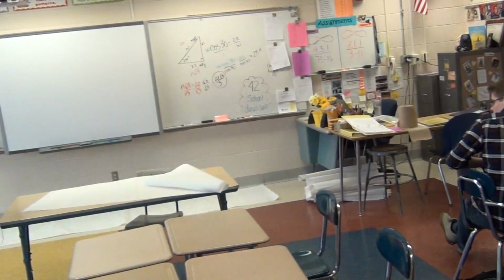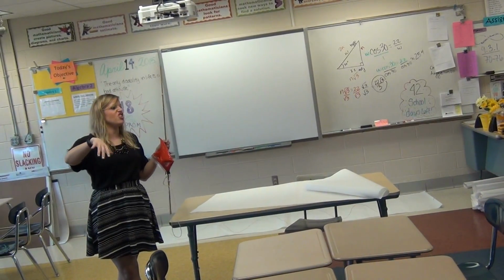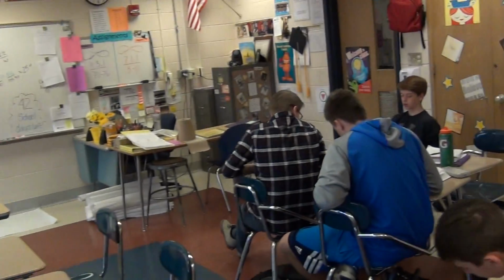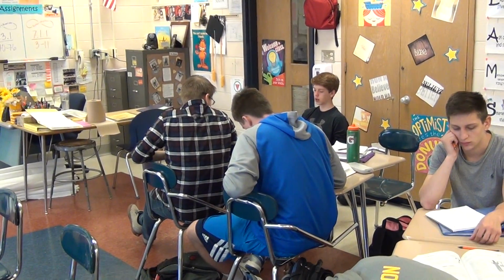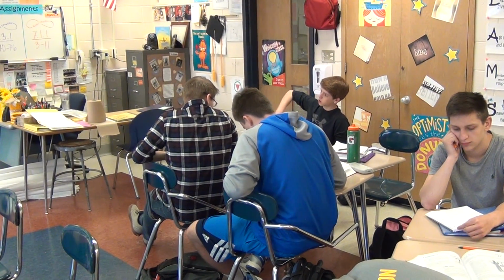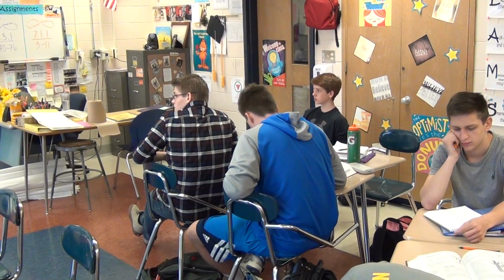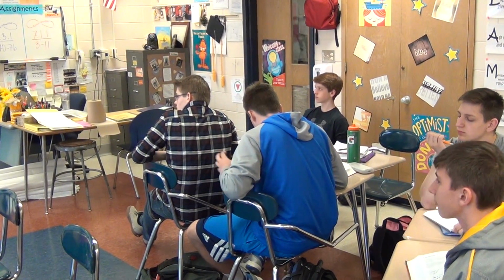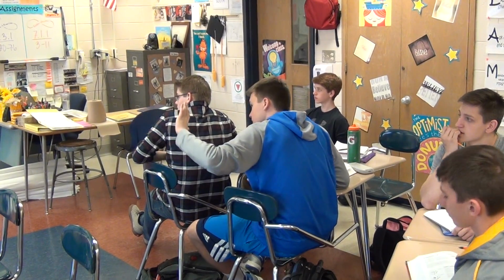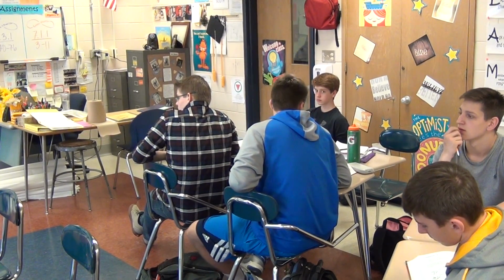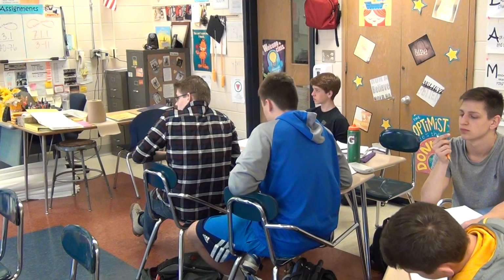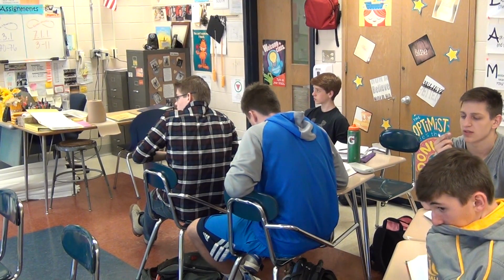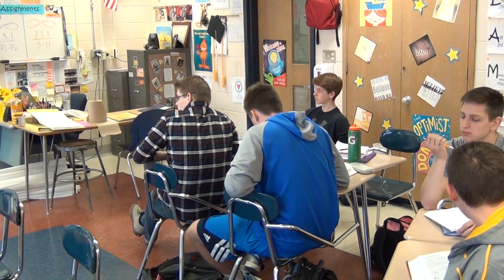Okay, so what did you guys come up with for ways that we could change it? Nate, what's one you came up with? How much or how little the bag swings. Okay, so that would be me changing it, right? Pull it back farther or just a little bit. Matt? The speed at which she is moving. Okay, so in this experiment, that would be how fast they're moving the paper, right?